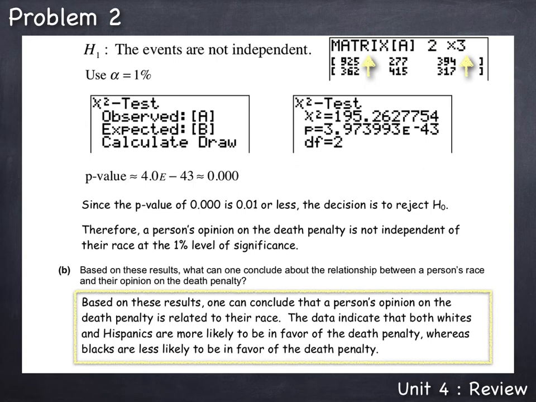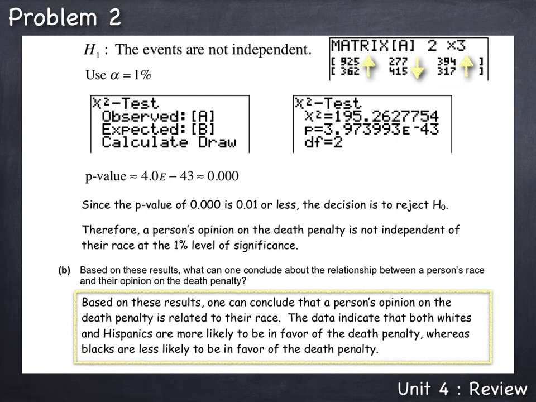Hispanics were just slightly more in favor. But looking at the sample results for blacks, the trend is the opposite. 277 of the blacks were in favor of the death penalty, whereas 415 were opposed. Here, many more blacks were opposed to the death penalty than were in favor of it. Here we get the opposite trend. Blacks are much less likely to be in favor of the death penalty.